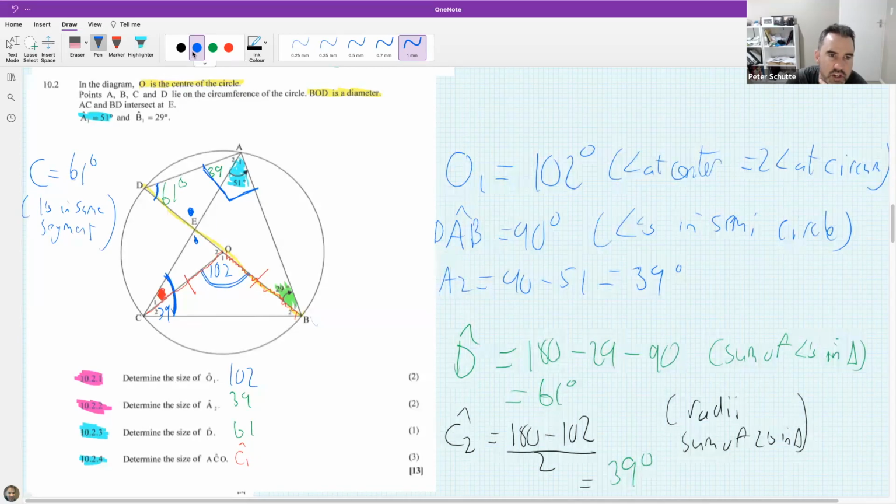So that was just the idea of this one over here is 61. This whole thing here needs to also be 61. But remember, I want C1. So all I need to do for this one is I'm going to say 61, which is the pink, minus 39, and I should get 22 degrees.